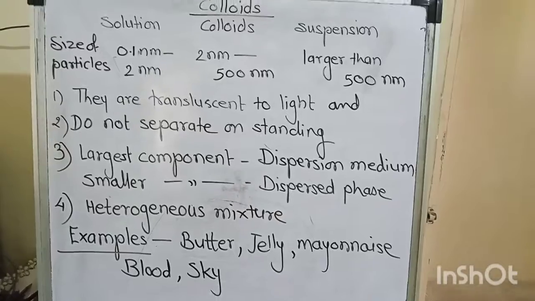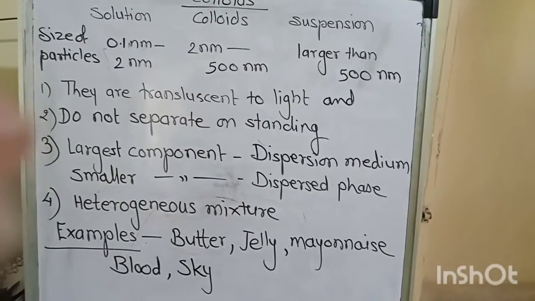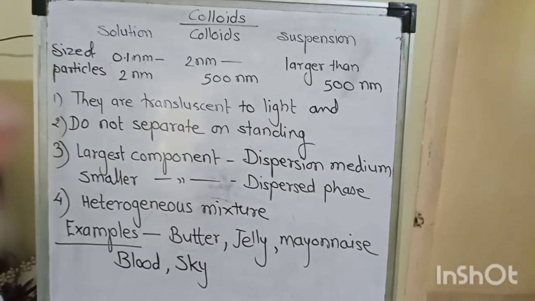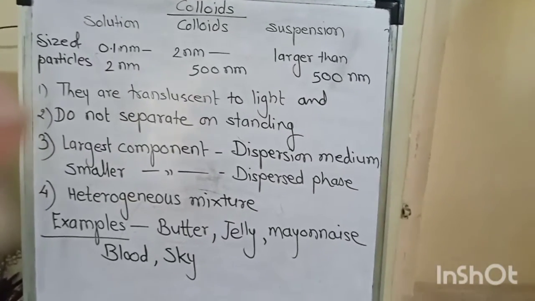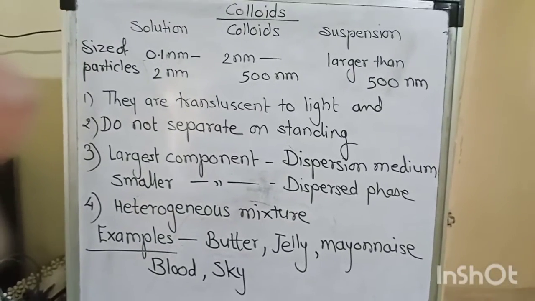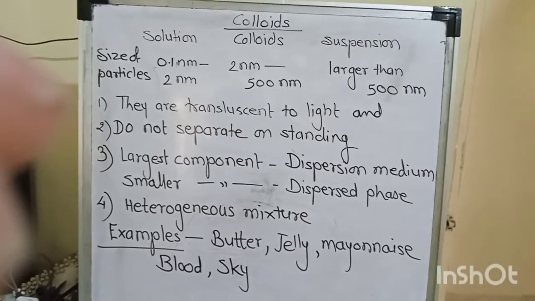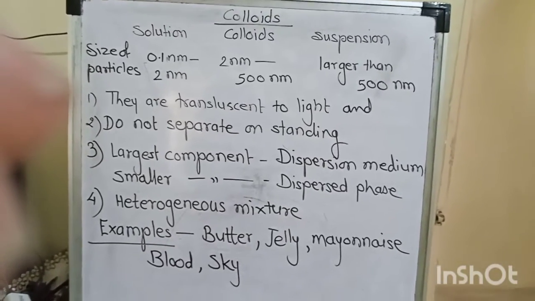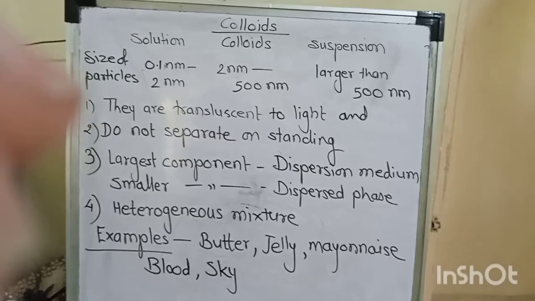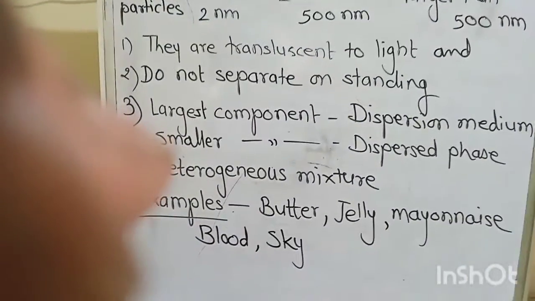Actually, blood acts as colloidal sol as well as suspension. Colloidal sol of plasma protein in the form of dispersion medium, and various salts in the form of dispersed phase, and in the form of suspension as blood platelets are suspended in plasma.